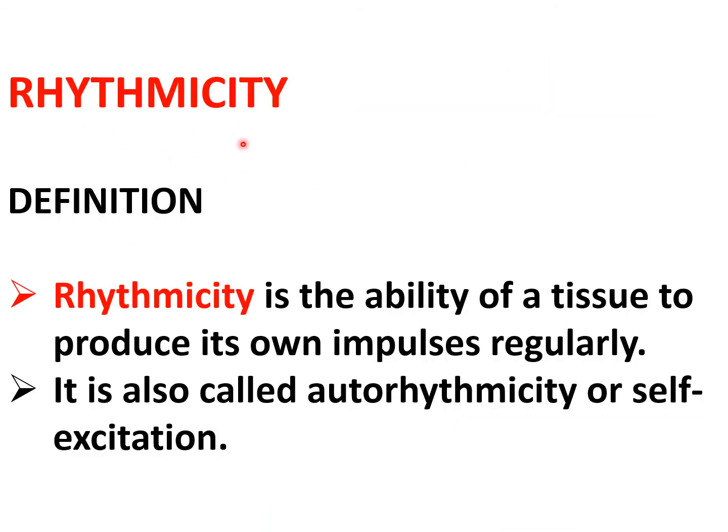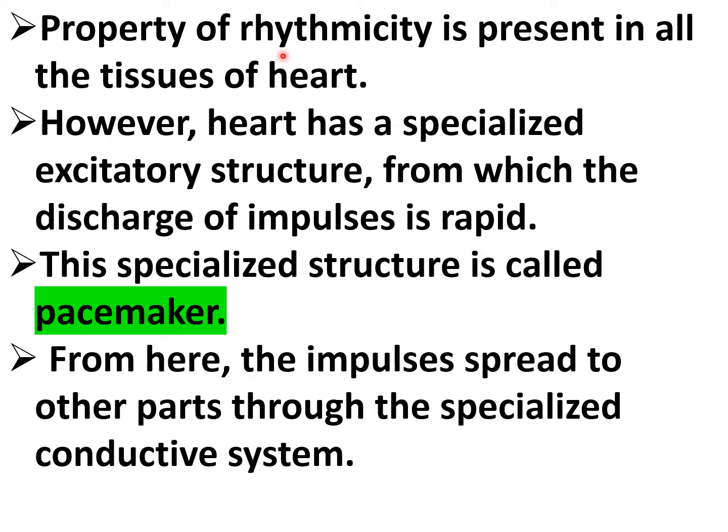Then rhythmicity. Rhythmicity is the ability of the tissue to produce its own impulses regularly, and it is known as autorhythmicity or self-excitation. The property of rhythmicity is present in all the tissues of the heart.